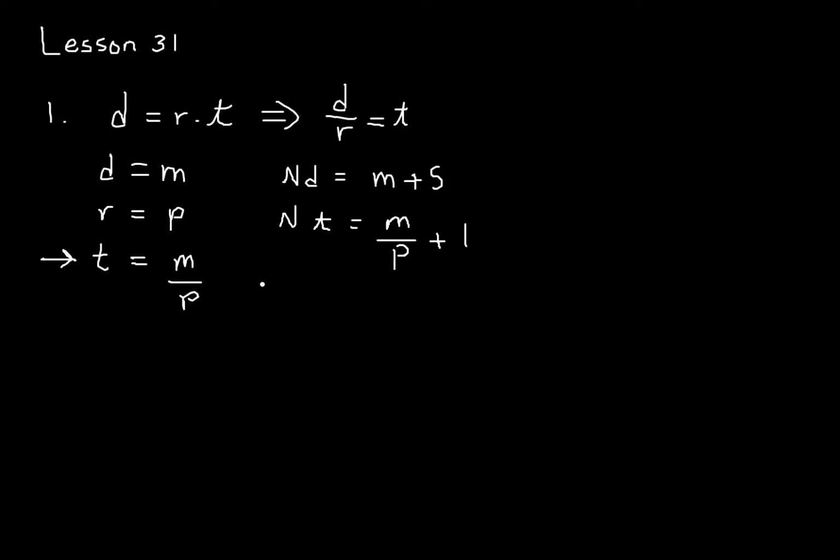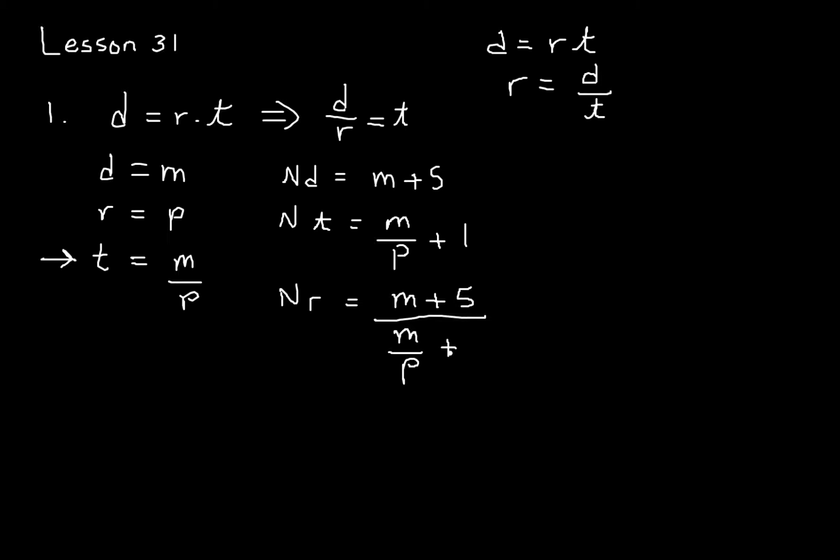Now we can get our new rate. We go back to our formula, distance equals rate times time. We need the rate, so we know that rate is distance over time. So the distance is M plus 5 over M over P plus 1.